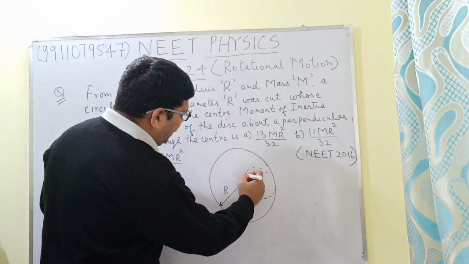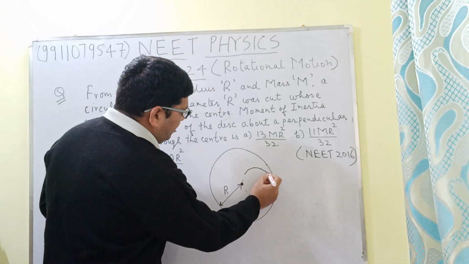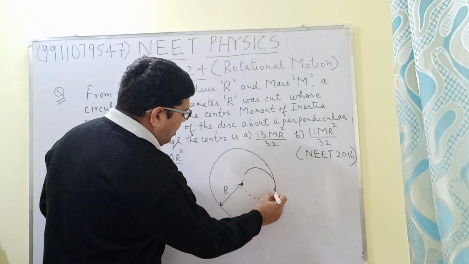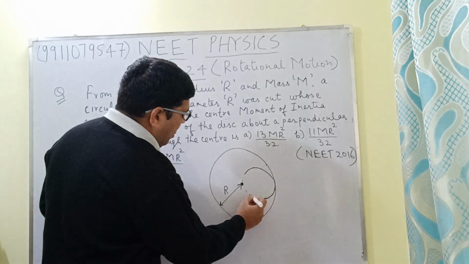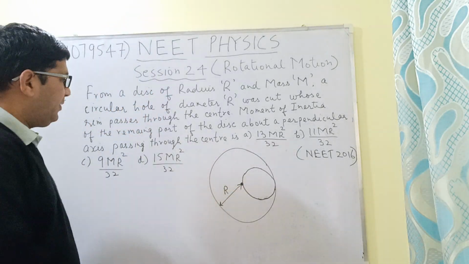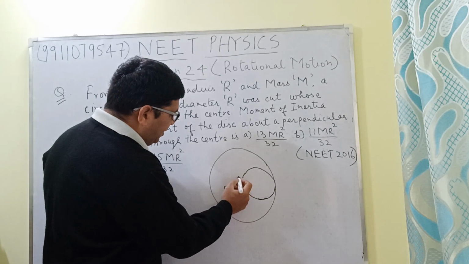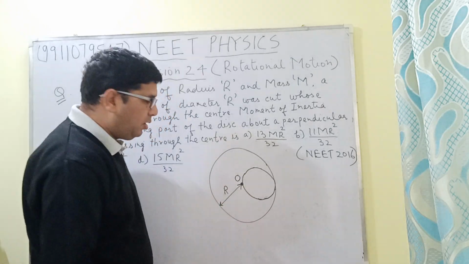So this is the hole which I have made, and its rim is passing through the center. Now this is the center, I am denoting the center by O.